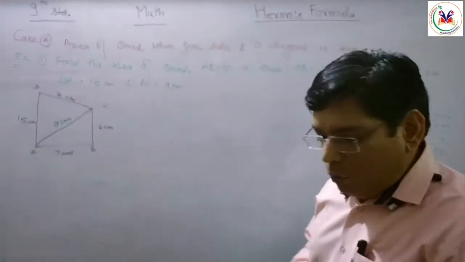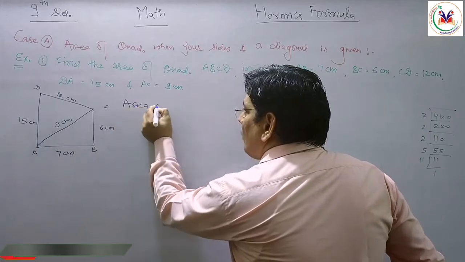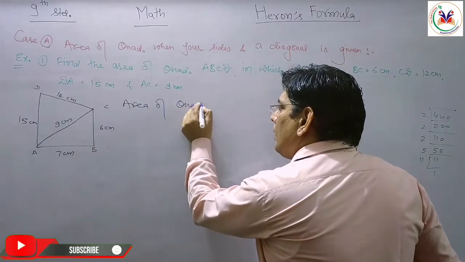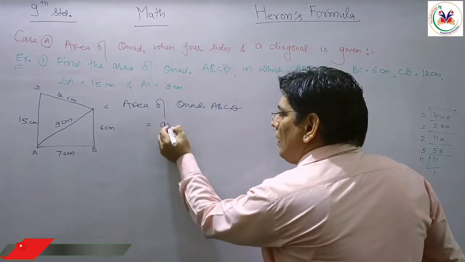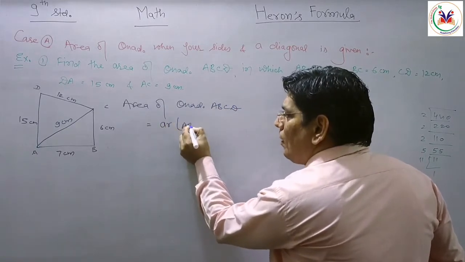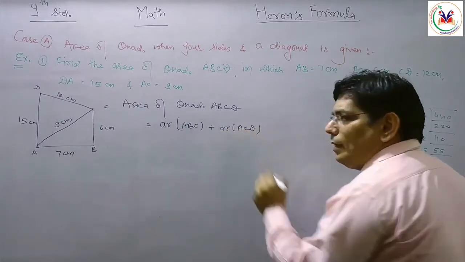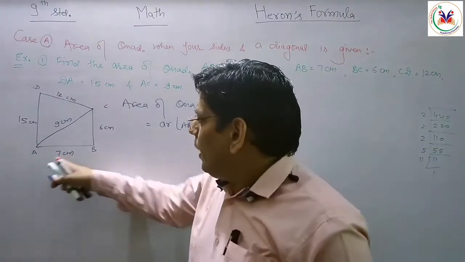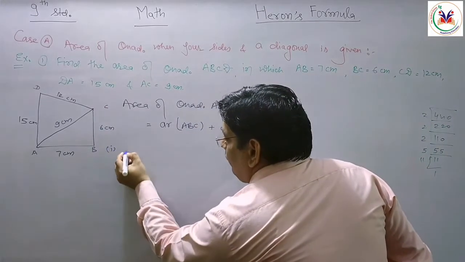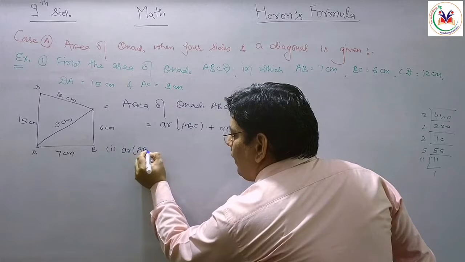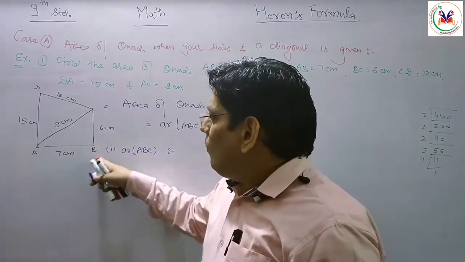So how should we start? First of all, area of quadrilateral ABCD equals area of ABC plus area of ACD. First, the area of ABC.